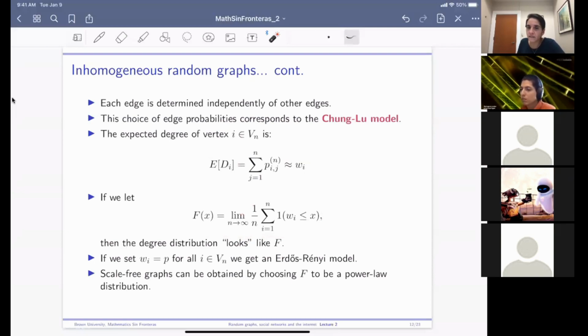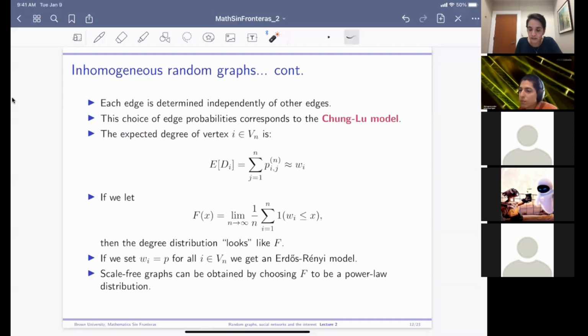So if I choose the weights in such a way that they converge to some distribution F, then what we know about the Poisson distribution tells us that the degree distribution in the graph is going to be very similar to that of F. F doesn't have to be integer valued, but when I take the Poisson and I use a random variable that has distribution F as its parameter, it tends to follow the same shape. So if my distribution F was looking like this, the degree distribution would tend to sort of follow it as well. It's not exactly the same, but it looks very similar.